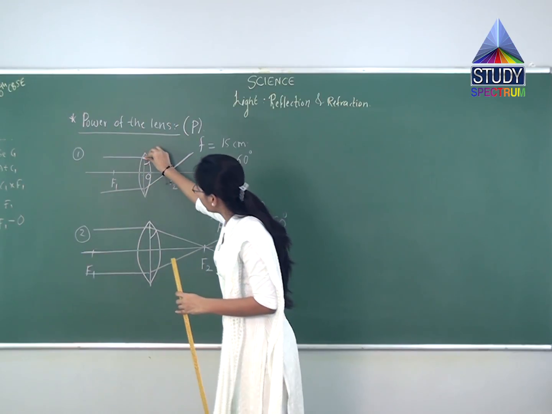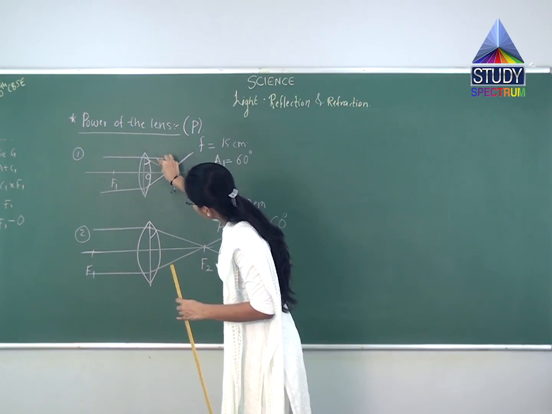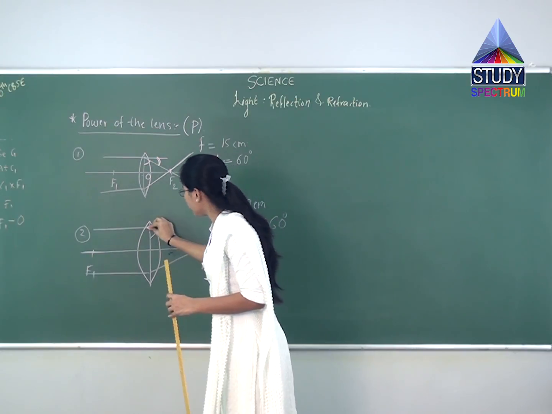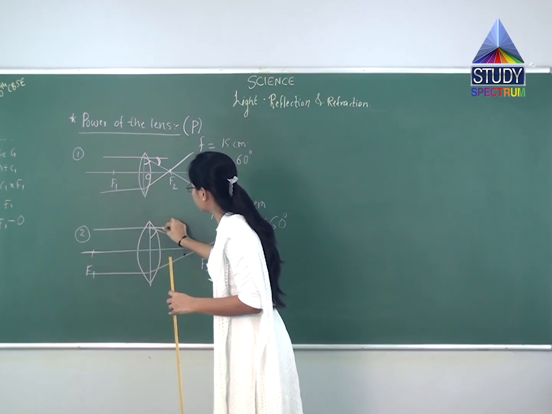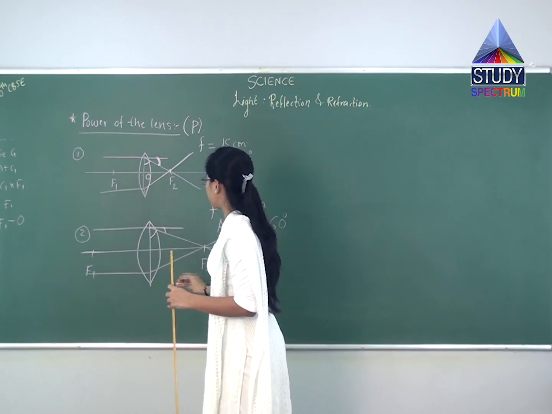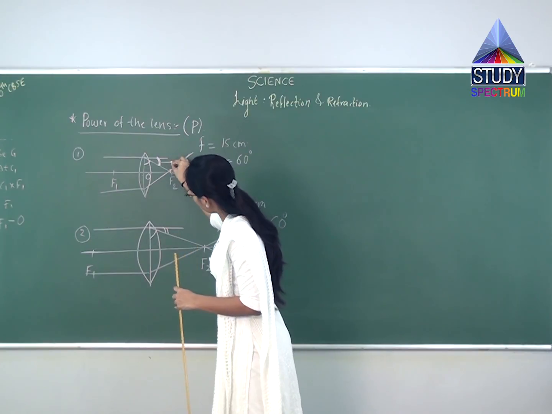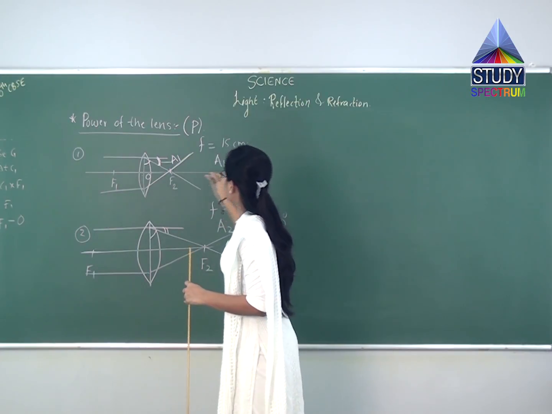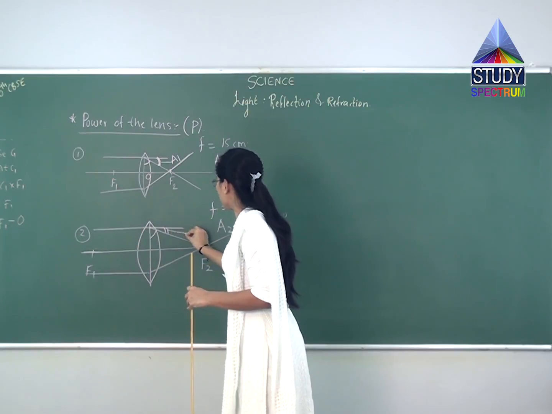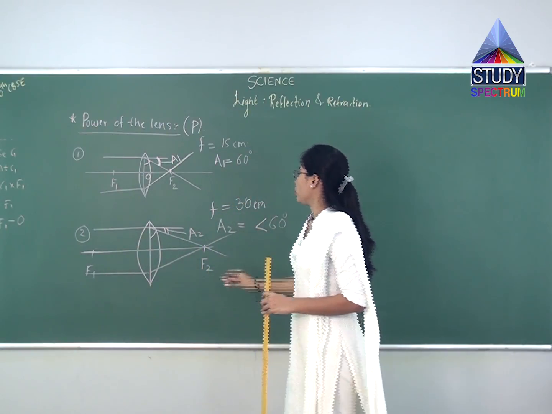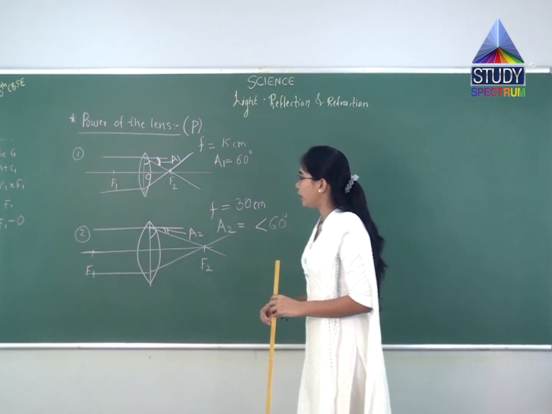This angle is larger here and shorter here. So if I take this as A1 it will be 60 degree, and if I take A2 here, this will be less than 60. So this is the bending here.